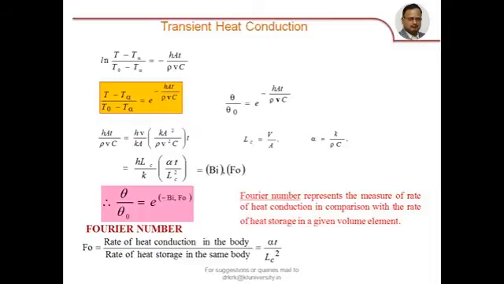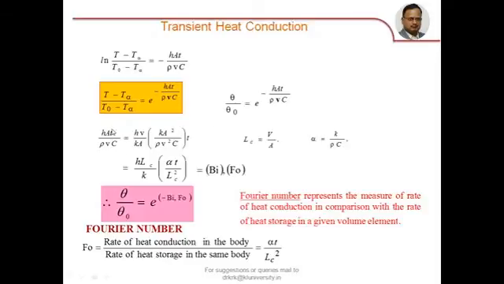Whatever temperature is at the surface, the same temperature will be at the center, and the same temperature will be at all points within the body. So this is the first assumption: lumped heat system or Newtonian body or negligible internal resistance system or infinite thermal conductivity body.